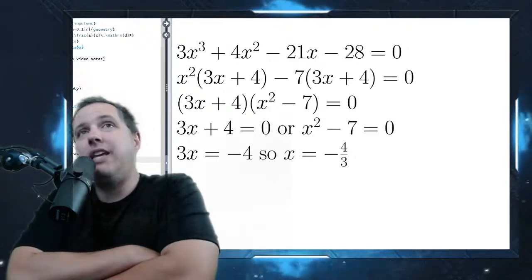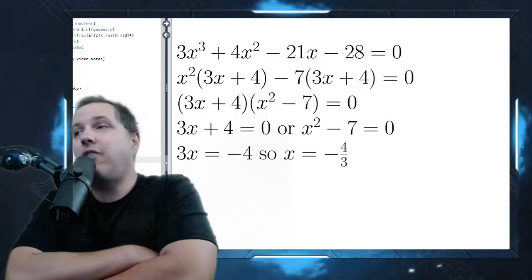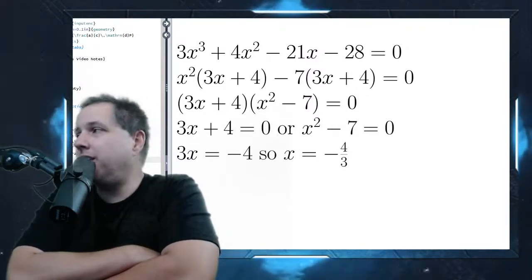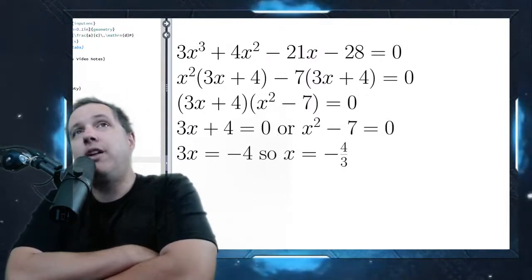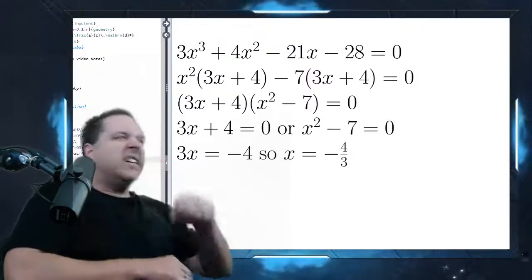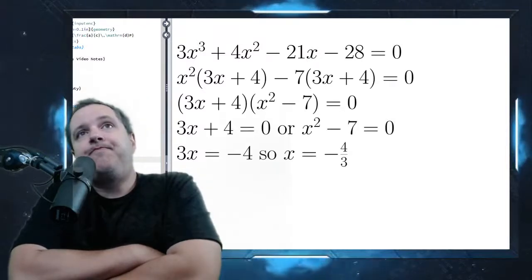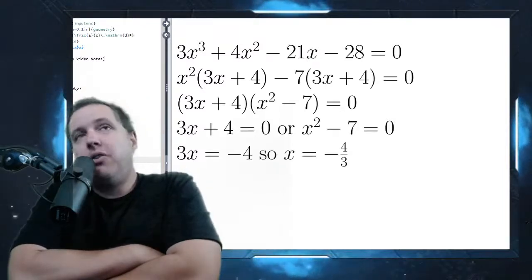Now, admittedly, when it's a fraction, it's harder to do. When you get an integer like 4 or 2, it's pretty easy to plug into a polynomial. When you get a fraction, a little bit harder, but that's okay. It's still doable, but a little harder to do.